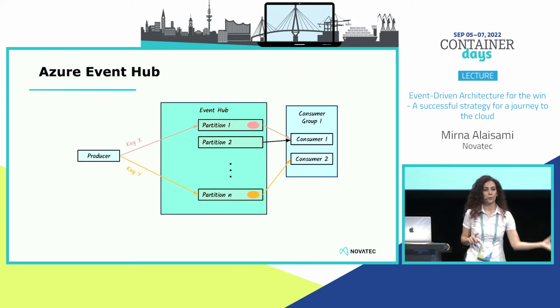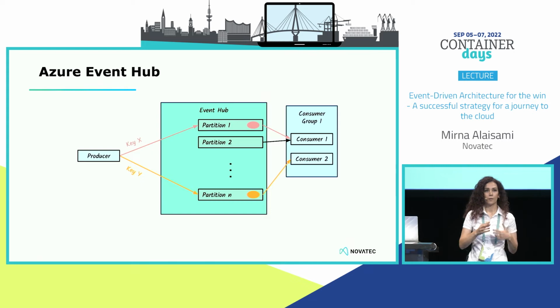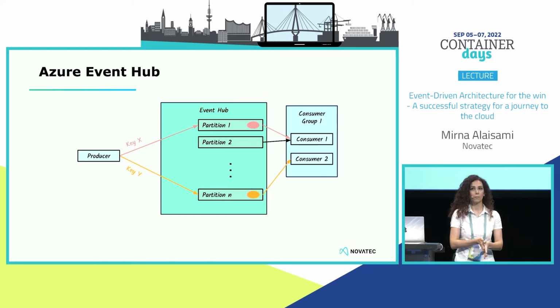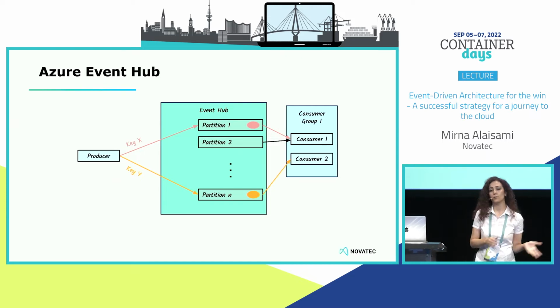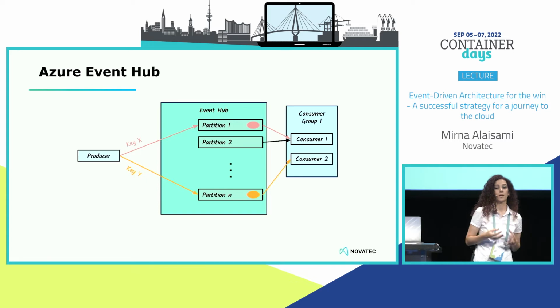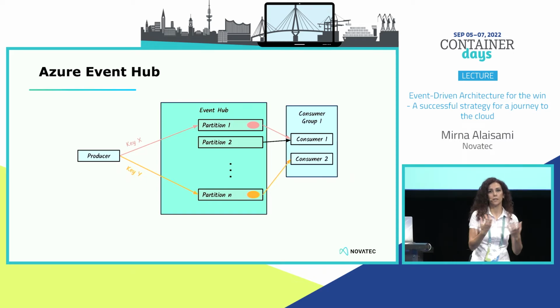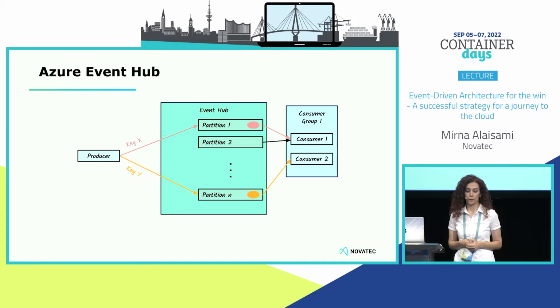So we have our producers on one side that send the events with some keys. Then those events will be assigned to Azure Event Hub among the different partitions based on those keys. Then we have on the other side our consumers that are listening to those event hubs and which will receive and process their events.